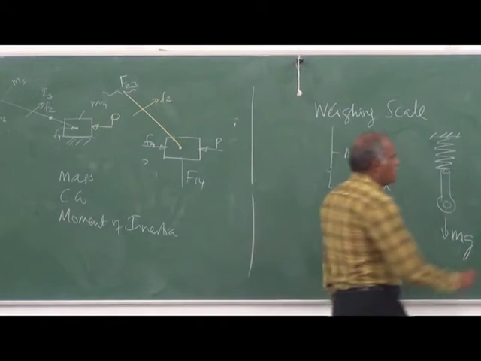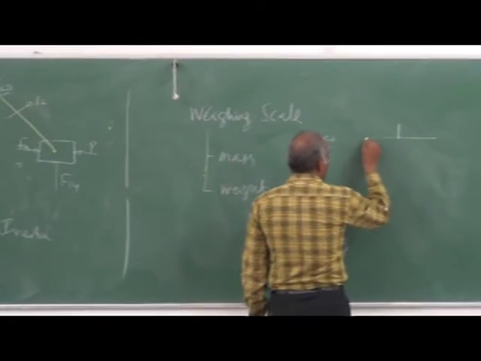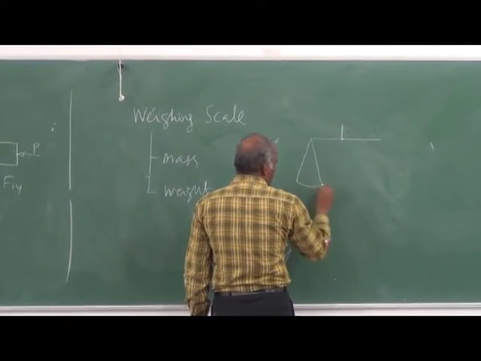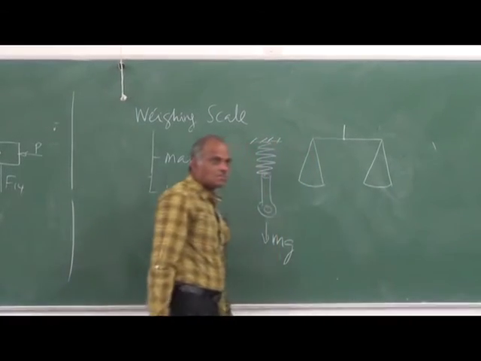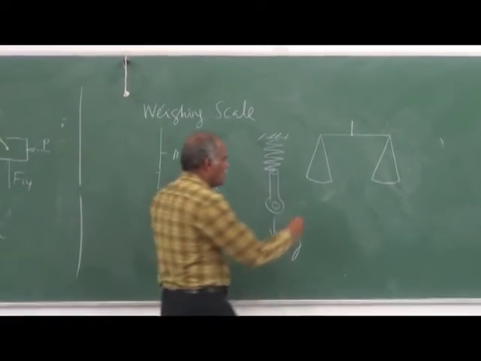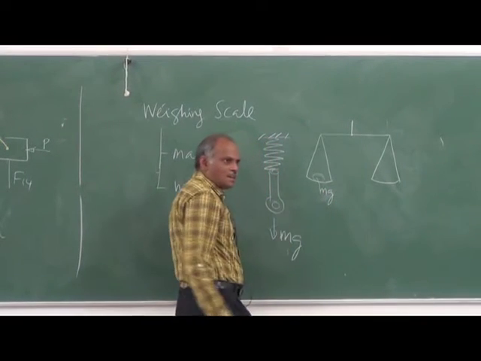But there is another type of balance, called a pan balance. Here you put your mass and G is acting.